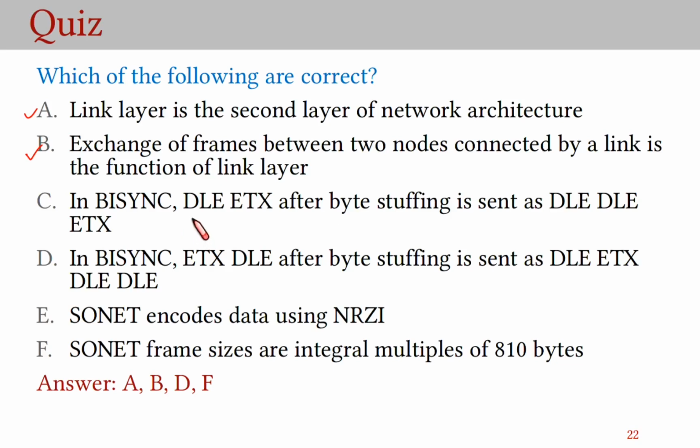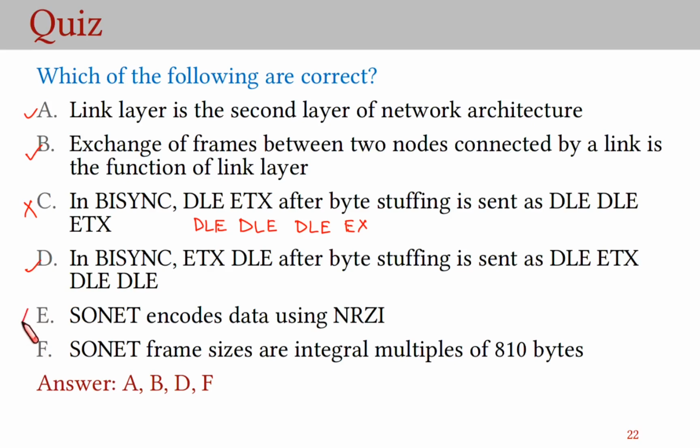Actually, remember the rule is that DLE is escaped, so DLE gets sent as DLE DLE, and ETX is also escaped, so it's going to be sent as DLE followed by ETX. So this is wrong. D says ETX DLE after byte stuffing is sent as DLE ETX DLE DLE. That's correct, just a slight variation on what I just showed you.